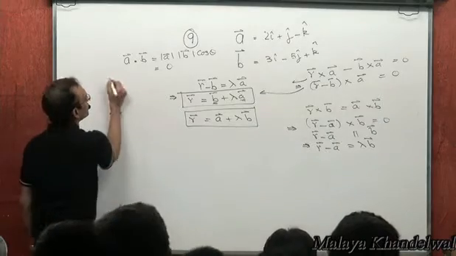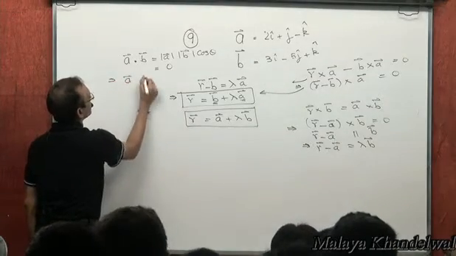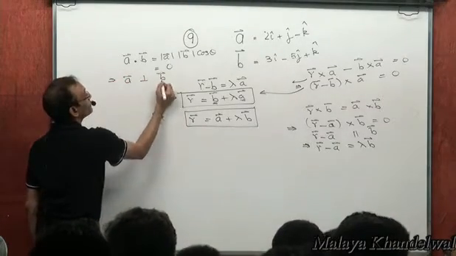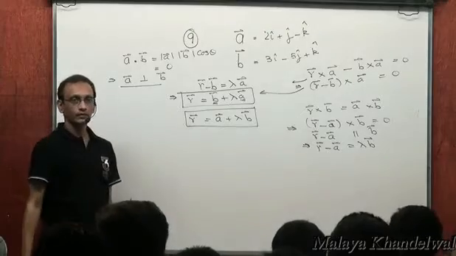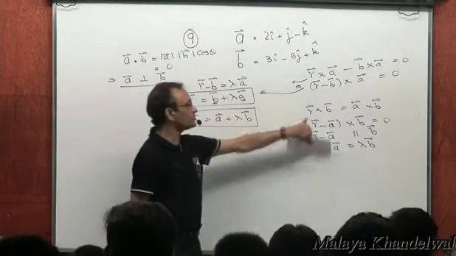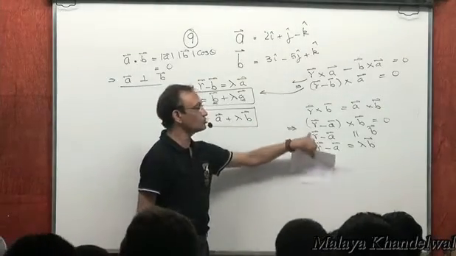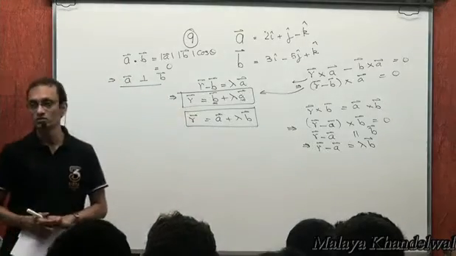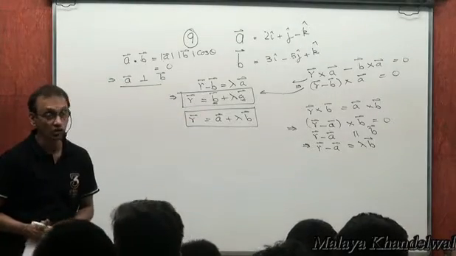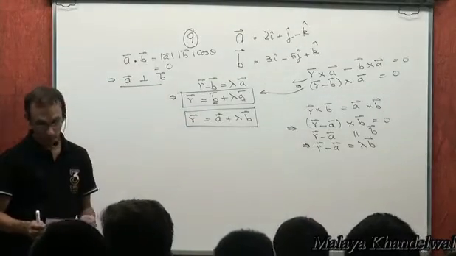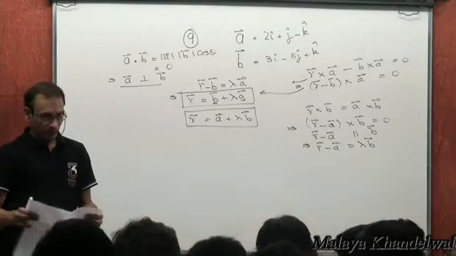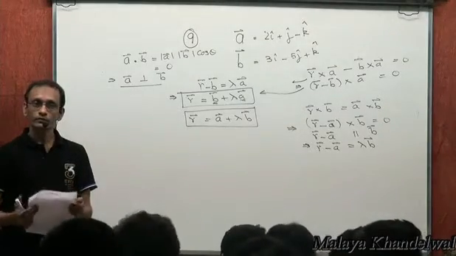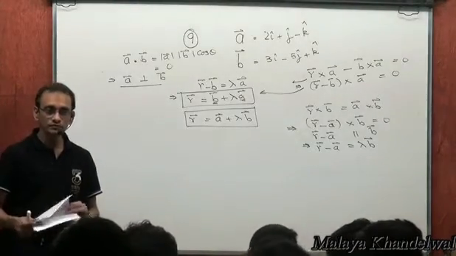That means A must be perpendicular to B. Therefore, this line must be perpendicular to this line. The two lines must therefore be perpendicular to each other. Clear? Sounds good, now?